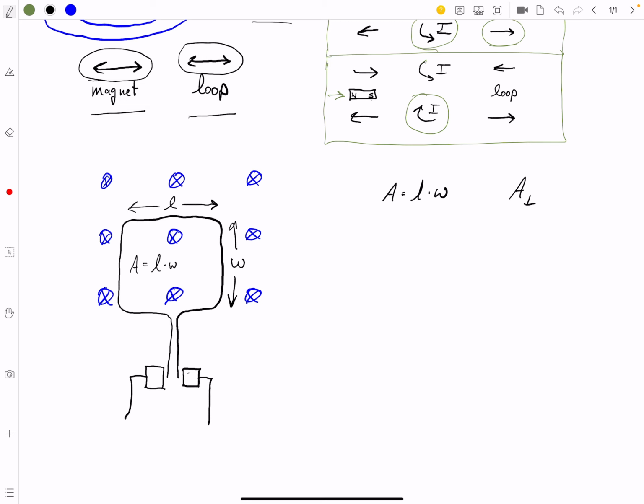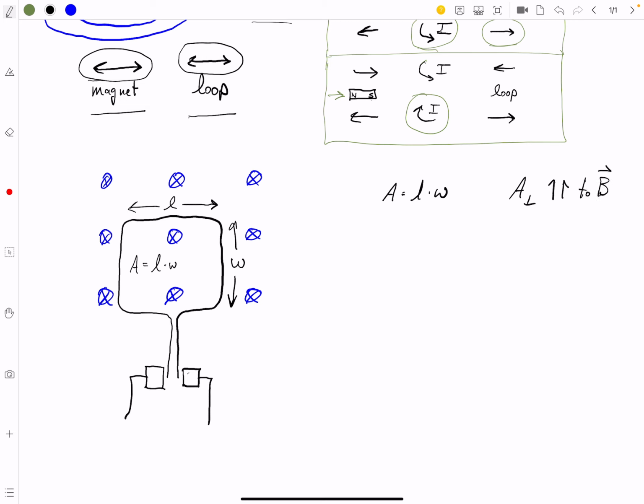If the B field is going into the page and this loop is perfectly laying flat on the page, then A perp is parallel to the B field.